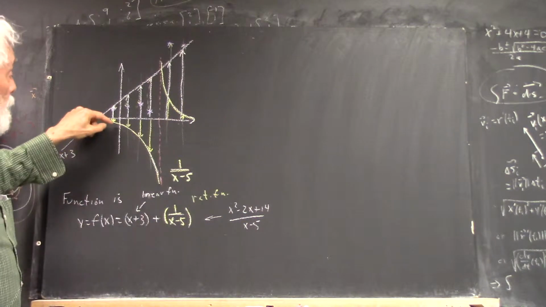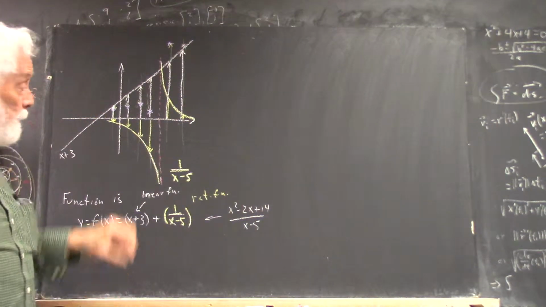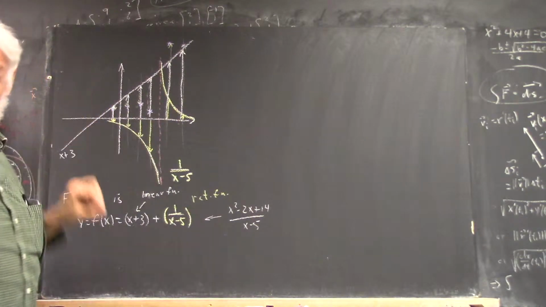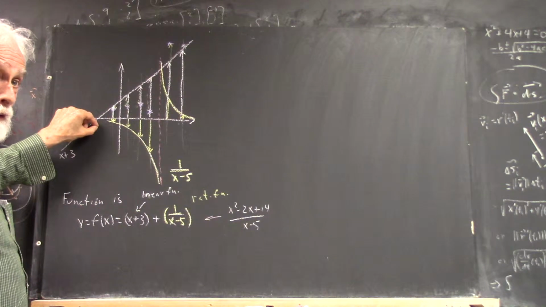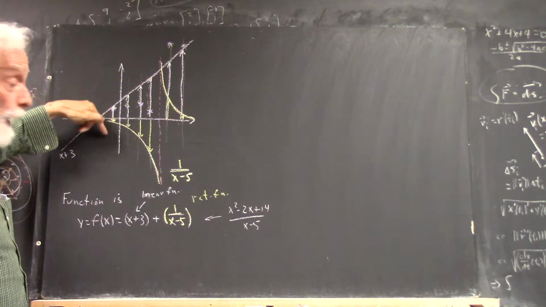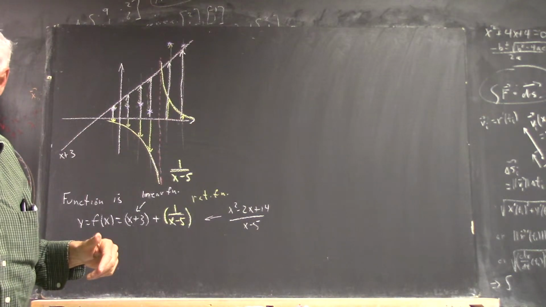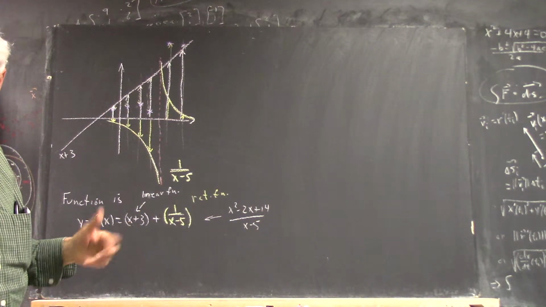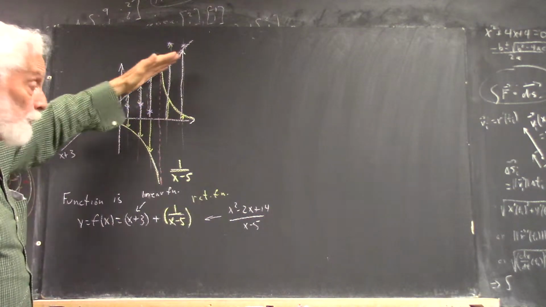Yeah, well, it's because the values of this function are getting closer and closer to 0, right? So these arrows are getting shorter and shorter. As the arrows for the yellow function get shorter and shorter, we have a smaller and smaller arrow to add to the one that represents the linear function, right? Okay? So the graph is going to get closer and closer to the graph of the straight line.